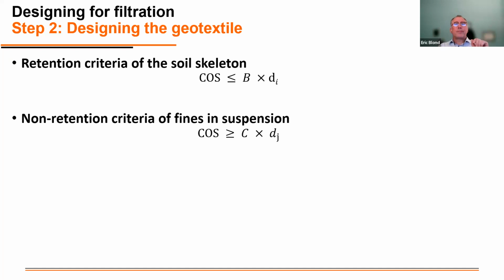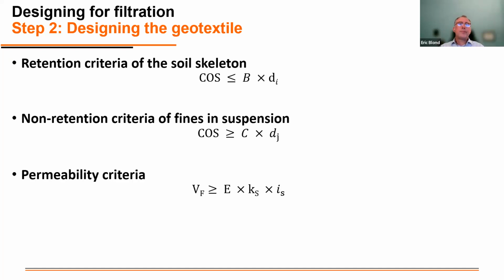And there is a non-retention criteria of fines in suspension. So we have the retention and the non-retention. The non-retention basically says we need to have a minimum opening size to prevent clogging. So we need to retain the soil, and we need to make sure that the fine particles pass through, so the geotextile will not clog with the fine particles.